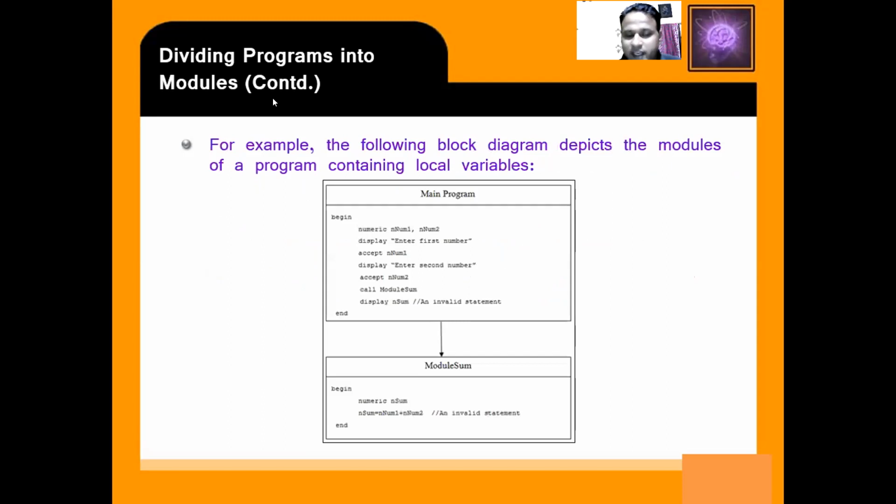So if you check here, in this block, the numeric num1 and num2 that we are defining are called local variables.